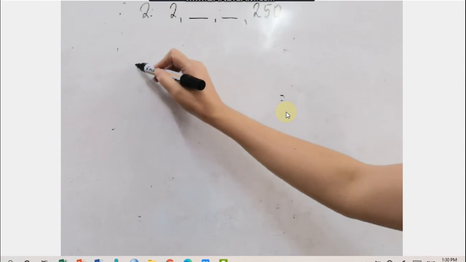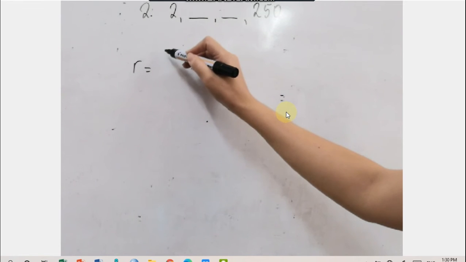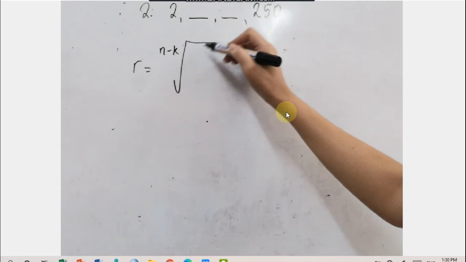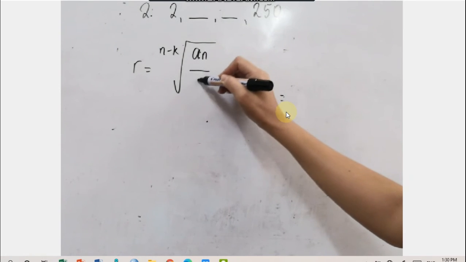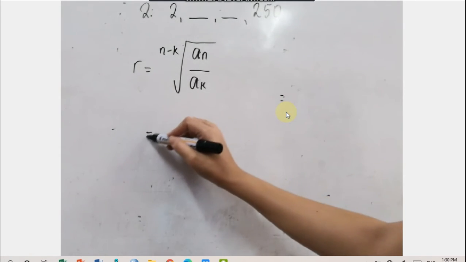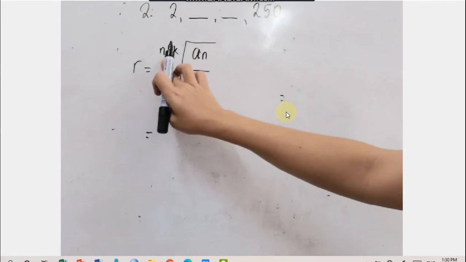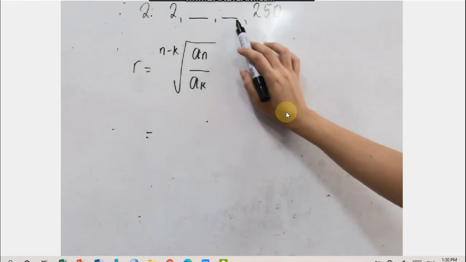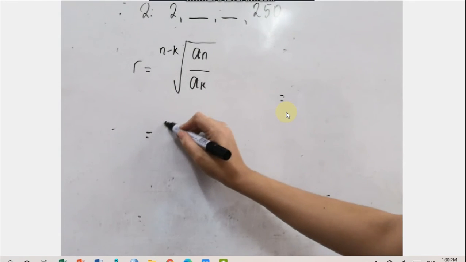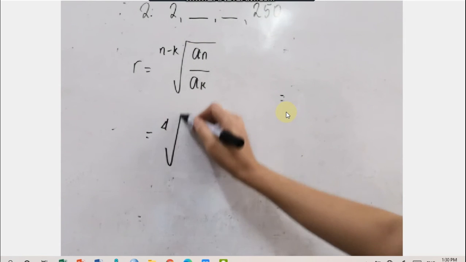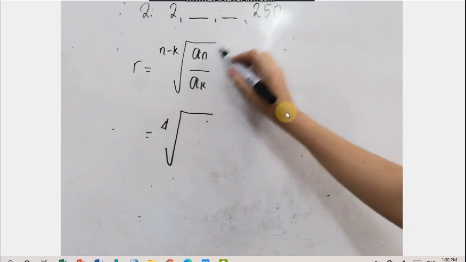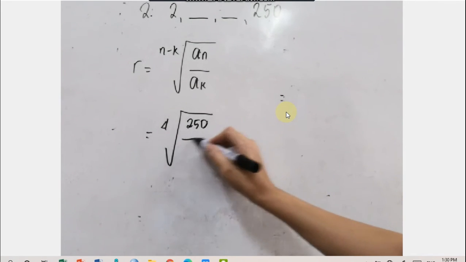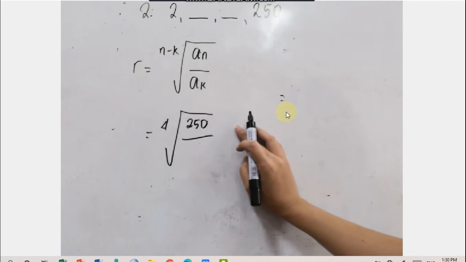Okay? So the formula is r is equal to the n minus k root of a sub n over a sub k. Our n is the number of terms. So let's count 1, 2, 3, 4. So we have 4. Then a sub n is 250 over a sub k.